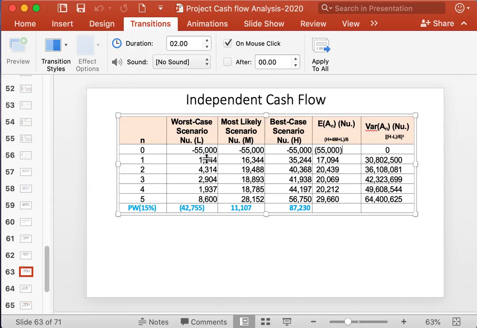Okay, but the thing is that each year's cash flow is independent of the other. The cash flow of year 1 has no effect on cash flow of year 2, so they are considered to be independent. Each year's expected cash flow is considered to be independent from each other.